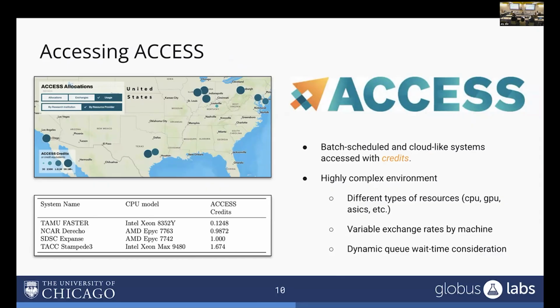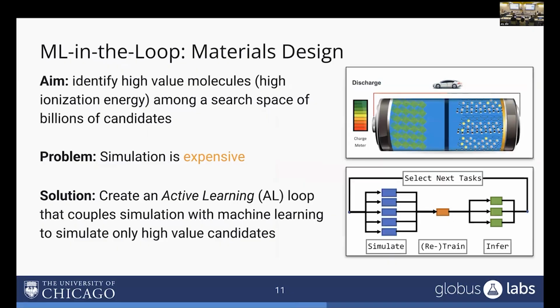But basically, you can have a different number of core hours, different amount of performance per credit on all these different machines, ranging from, I think the best one that we saw over the course of this work was 10 or 12 core hours per credit, all the way down to about 1/8 of a core hour per credit. Now, of course, these fancy Intel Xeons might be a little bit newer or whatever, but there's definitely a nonlinear difference of credit exchange.